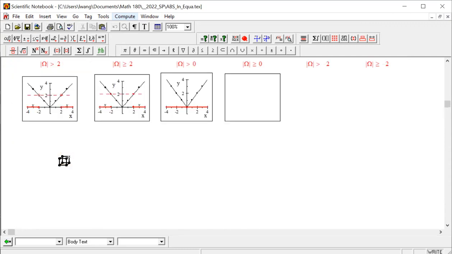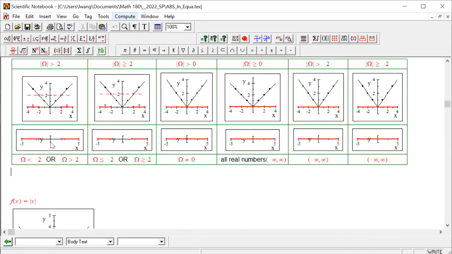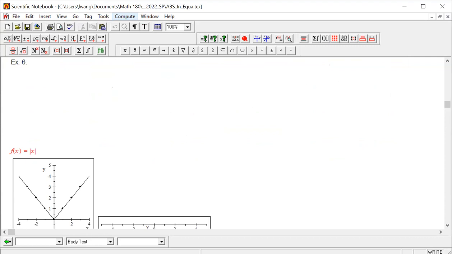How many examples did we do? Example number 5. So let's look at some other examples. Example number 6. I'm just making up stories.